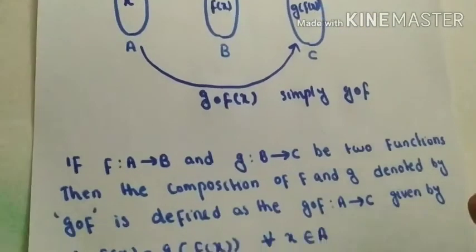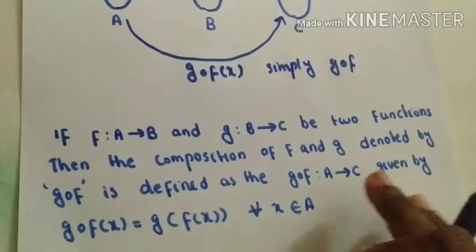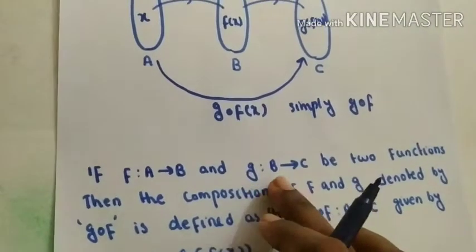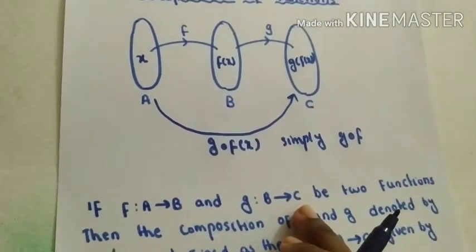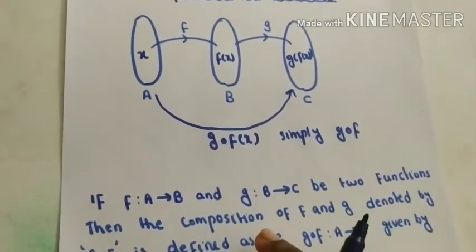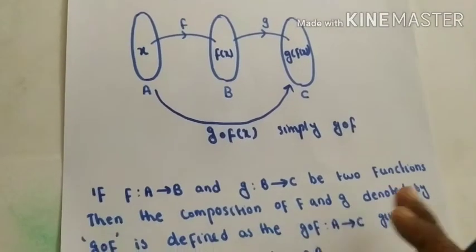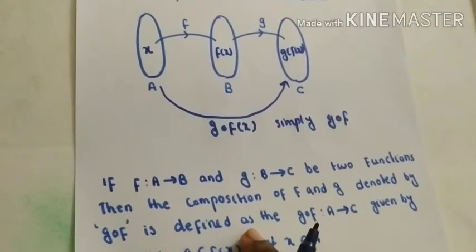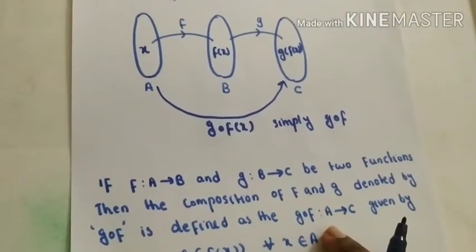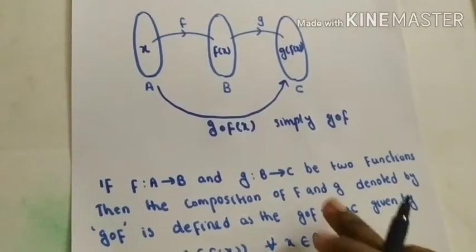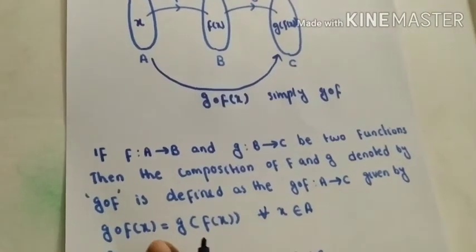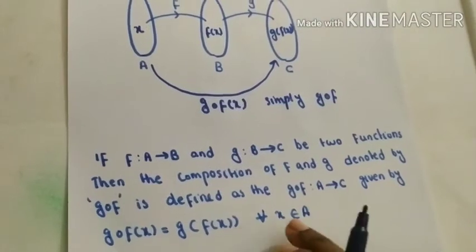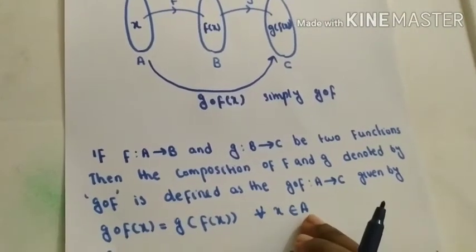Mathematically, if f is a function from A to B and g is a function from B to C, then the composition of f and g, denoted by g of f, is defined as a function from A to C given by (g of f)(x) equals g of f of x for all x an element of A.